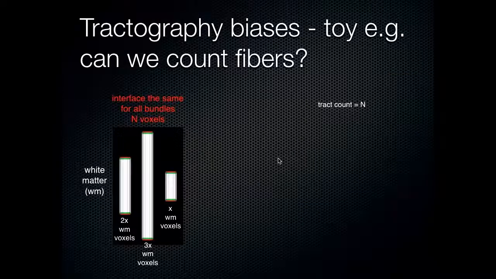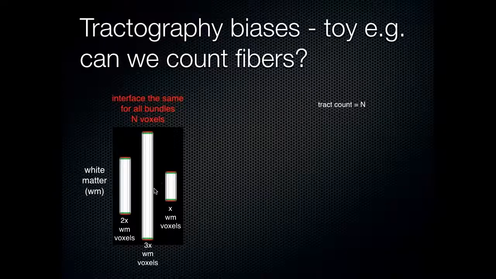So here's another toy example. Imagine these three white matter bundles. You need to be a bit focused to understand this one. You have this bundle, and the same bundle twice as long and three times as long. Now imagine again, same as the previous slide, I'm putting a seed in every voxel of the white matter and launching tracks.